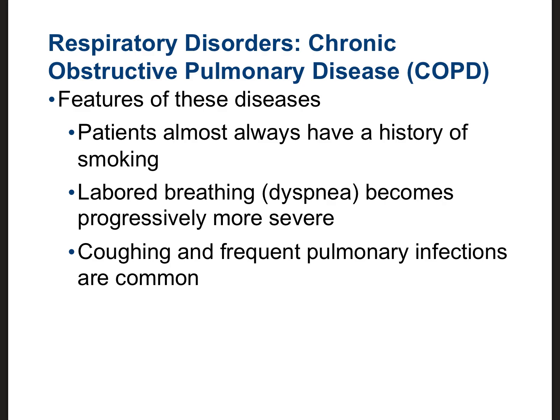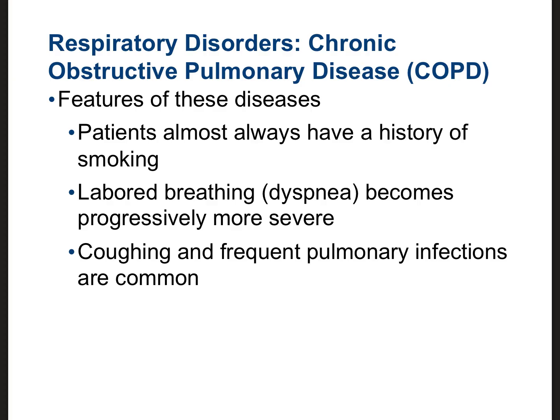Okay? Almost always there's a history of smoking, or some type of pollution. Maybe it's coal dust, or smoking, or working with asbestos, or whatever it might be. But most of the time it's associated with smoking.